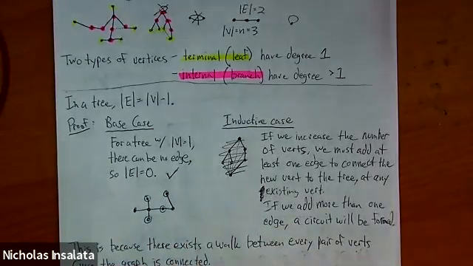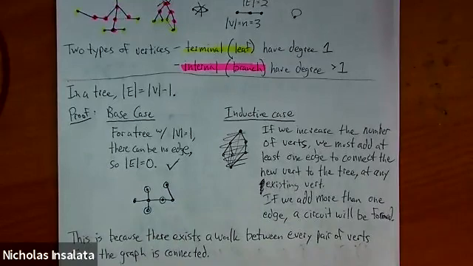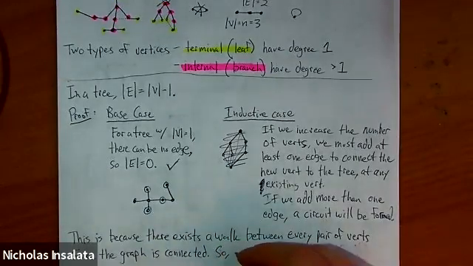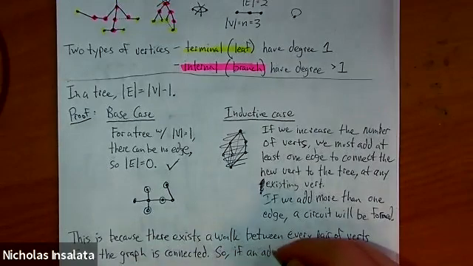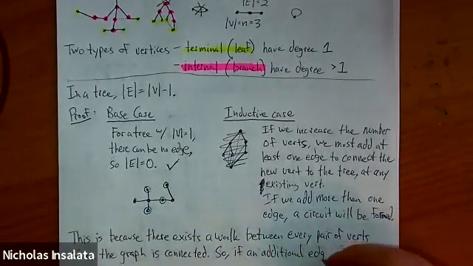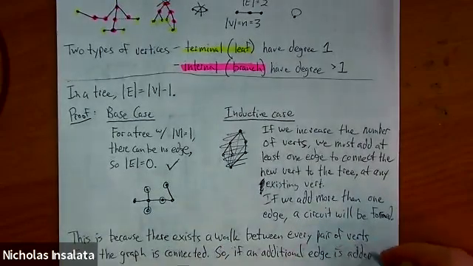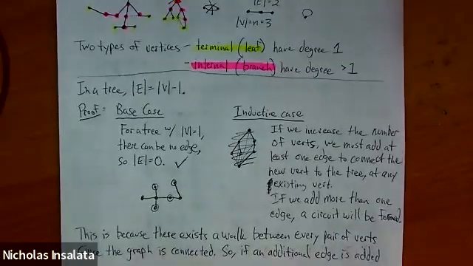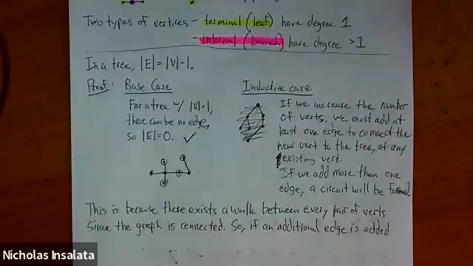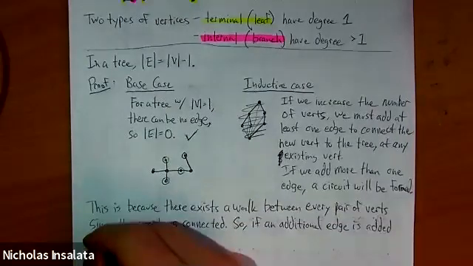Okay, good. So if we add another edge, right? So if an additional edge is added between any pair of vertices, it doesn't matter which pair.